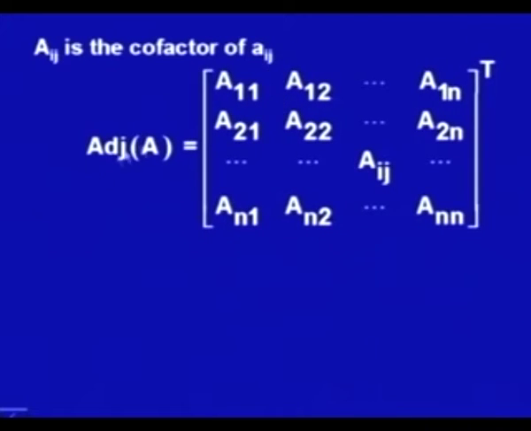That is, adjoint A is A11, the cofactor of element a11 in the matrix A, A12 is the cofactor of the first row second column element of the matrix A, up to A1n, and then we take the cofactor of each and every element and then we take the transpose of it. That defines the adjoint of A.